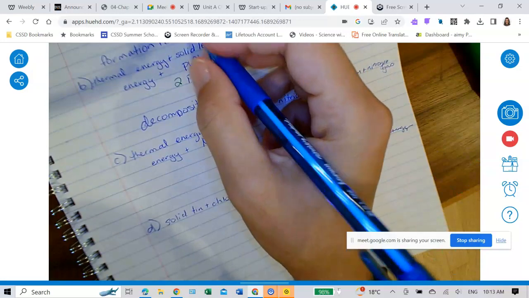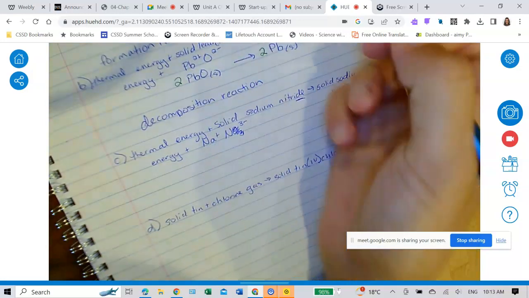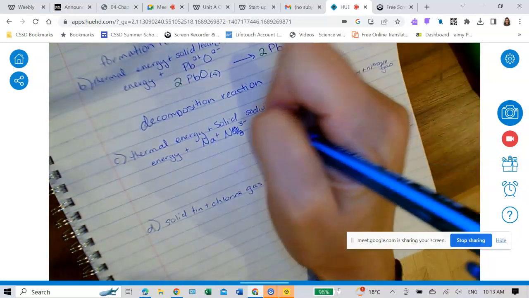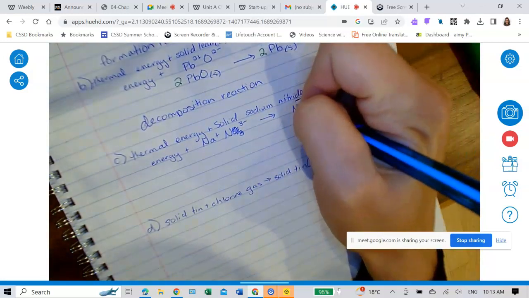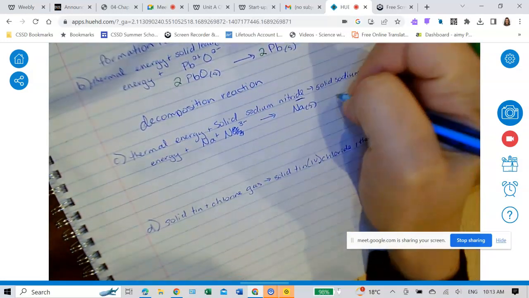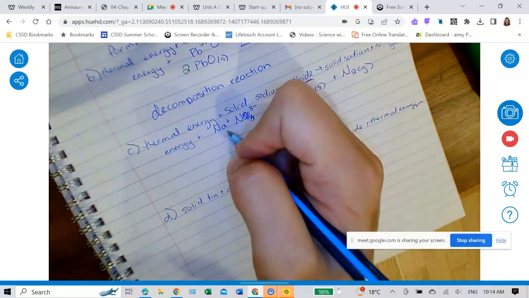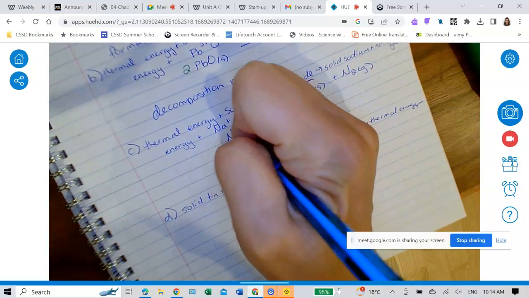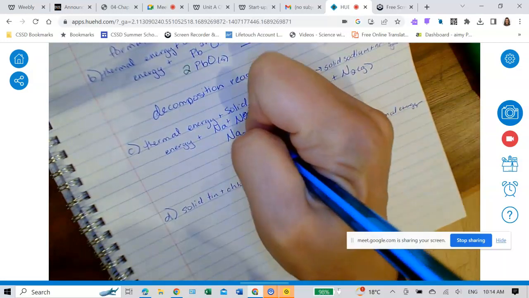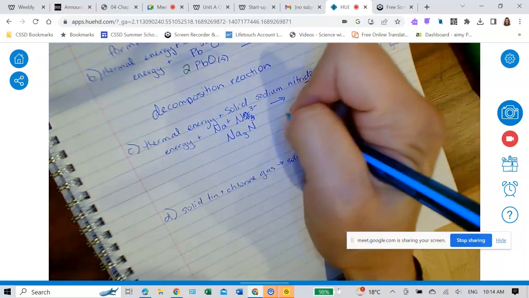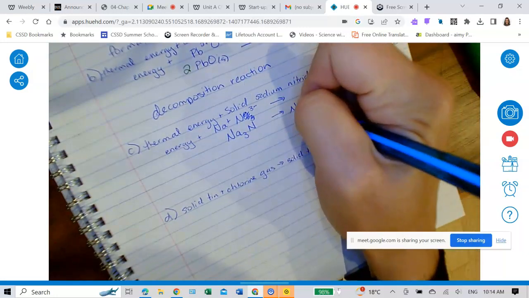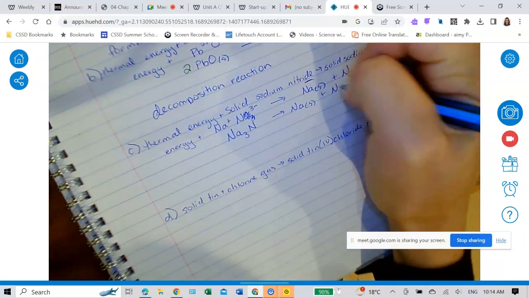So nitride would be a 3- charge. So if I had sodium and I had nitrogen, that means I need 3 sodiums to balance out my nitrogen. And I'm just going to write these so they're all on the same line. It looks pretty.